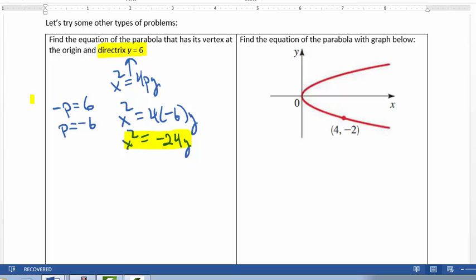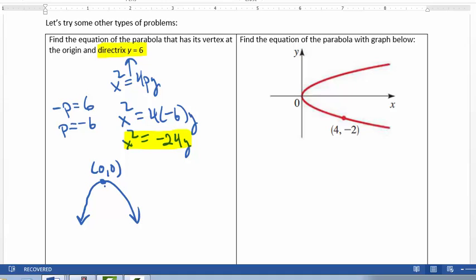right? I mean, I suppose they could have asked you to graph this also, but it would have still been very simple. How would you graph this? You would just say, all right, well, I know directrix is y equals 6. This is going to open down because the directrix in this case is going to be above the curve. So the curve is going to look like this. Here's your 0, 0.